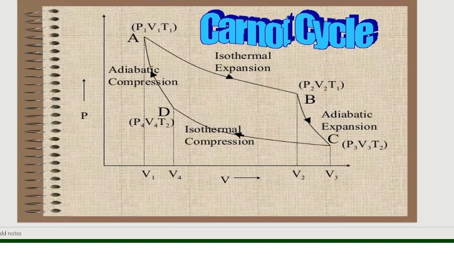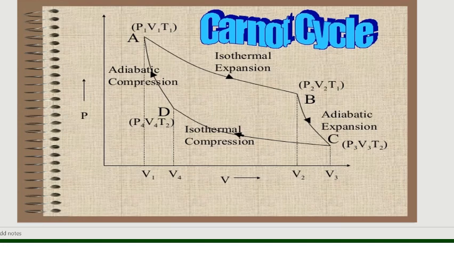Now at the third step, we remove the cylinder from the insulating stand and place it on a sink where it undergoes isothermal compression. So the CD curve indicates isothermal compression where pressure increases from P3 to P4, volume falls from V3 to V4, and temperature remains constant.